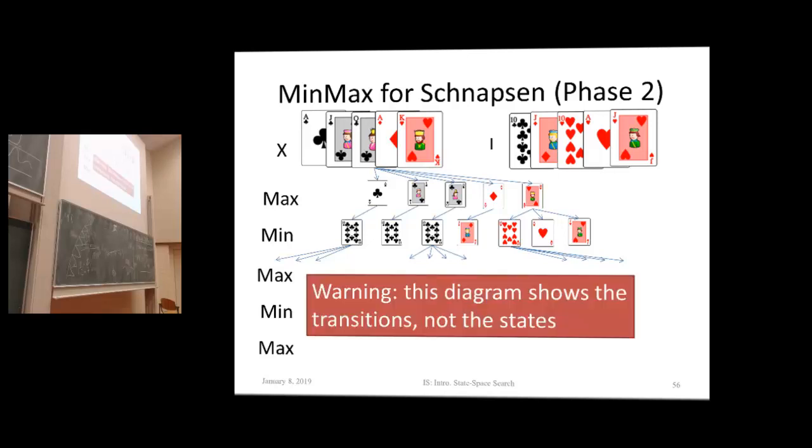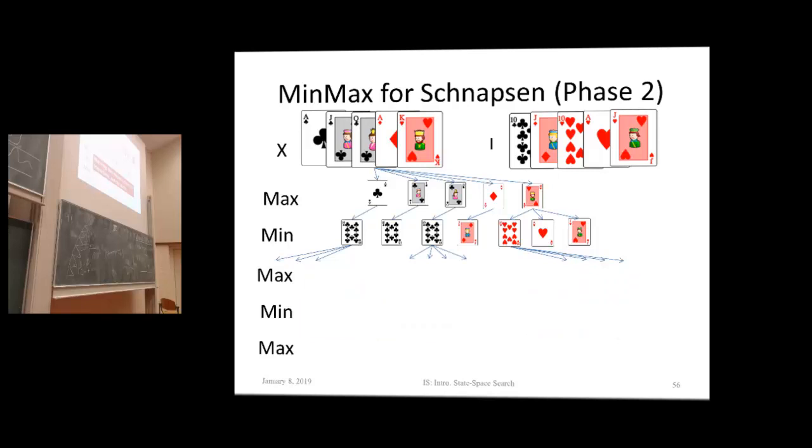You have to be careful with this drawing, because I don't show the states, I don't show the transitions. So the states are the cards that are played and not the hands that people hold after, because that becomes invisible. That's why I only show the transitions here. Is it clear?